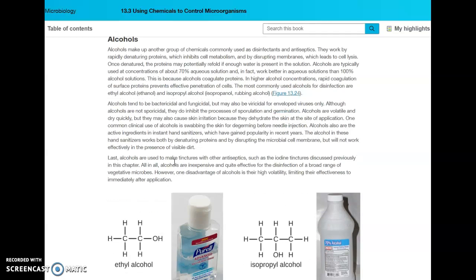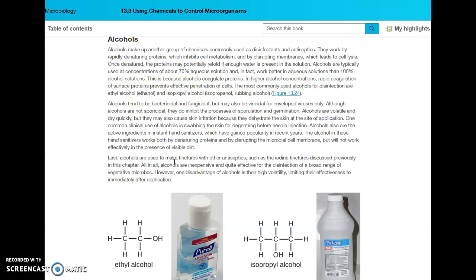Alcohols, of course, can be used as both disinfectants and antiseptics. They denature proteins and they denature cell membranes. Typically, a 70% alcohol solution is the formulation that we get, and it in fact works better than a 100% alcohol solution.